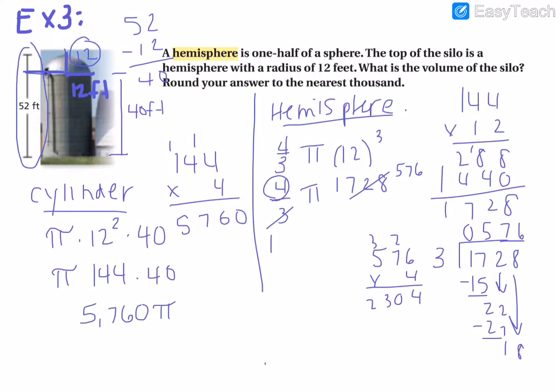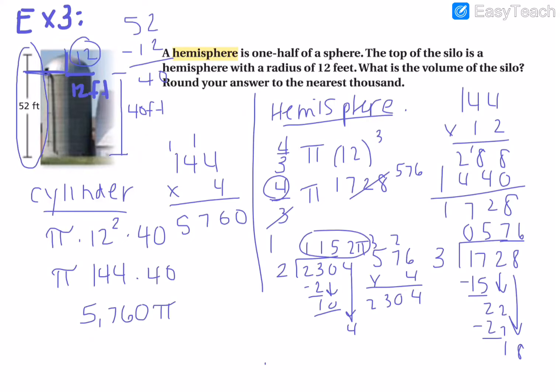So 2,304, and I'm just going to divide that by 2 because remember we're doing half since it's a hemisphere. So 2 into 2,304 is 1,152, and don't forget that that is pi.